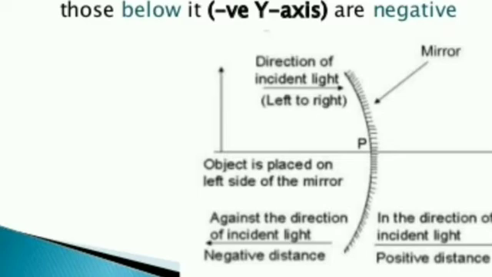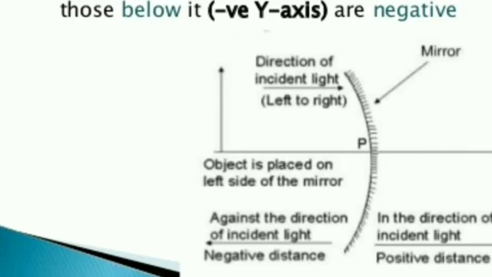If I am measuring along the left hand side, the value will be minus, and if I am measuring from the pole to the right hand side, the value will be positive. If I am measuring the distance from P upward, the value on the y-axis is always positive, and downward the value is always negative.